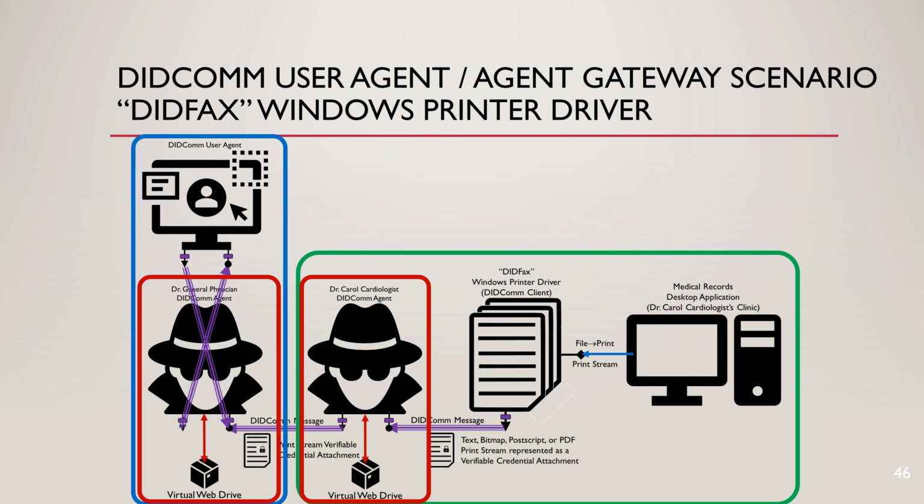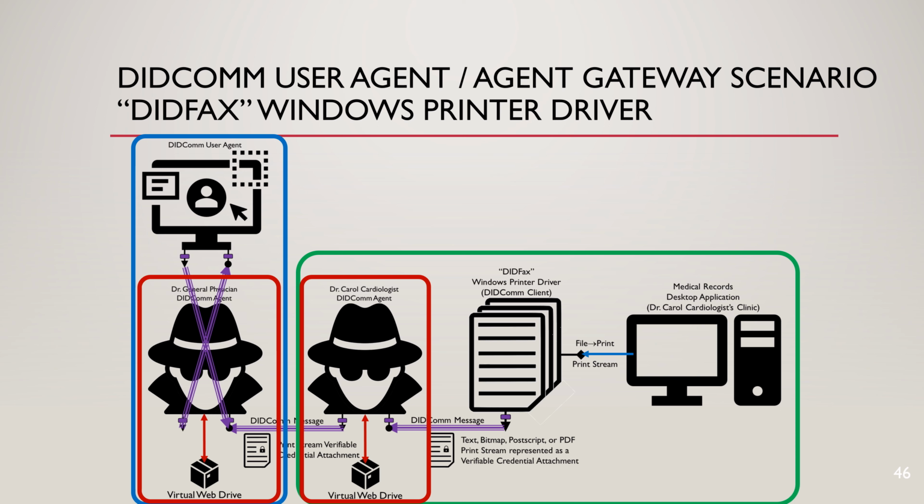And it's the agents in the bottom half of this diagram that exchange DIDComm messages and talk to one another. But whenever the end user needs to see, perhaps, an incoming credential representing a person, who wants to see it as a business card, that would be displayed by the user agent.